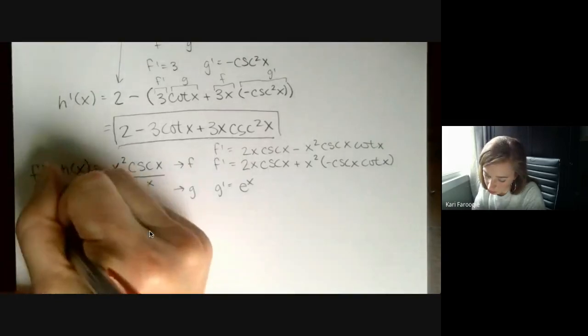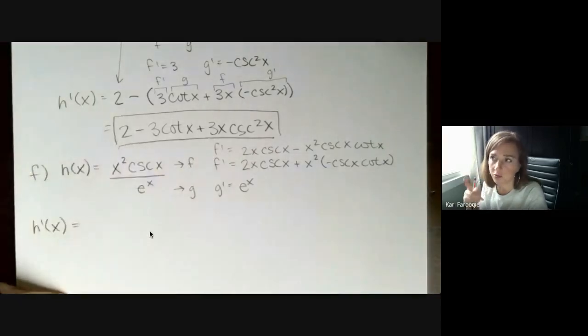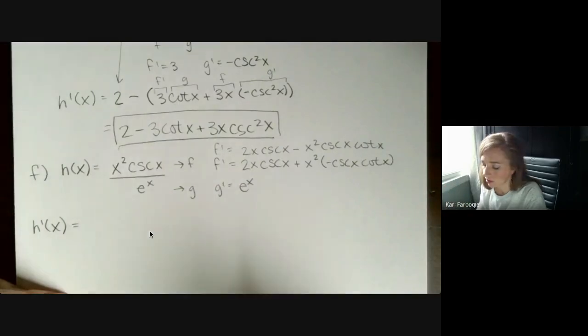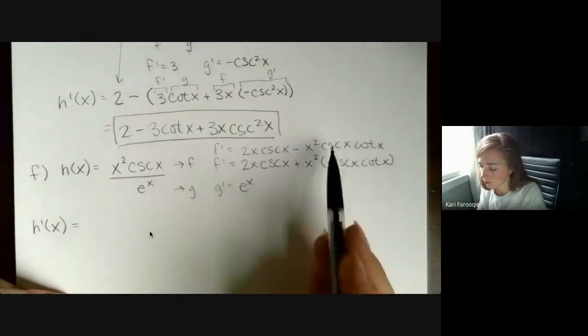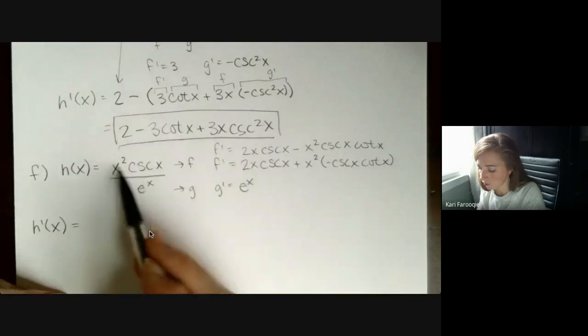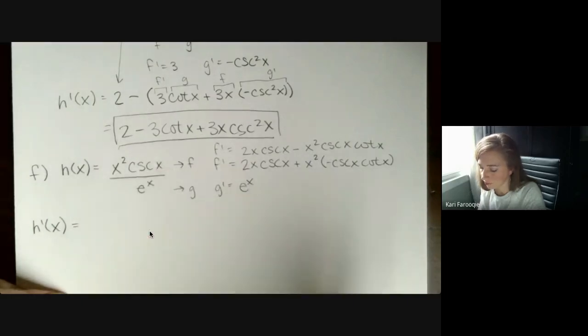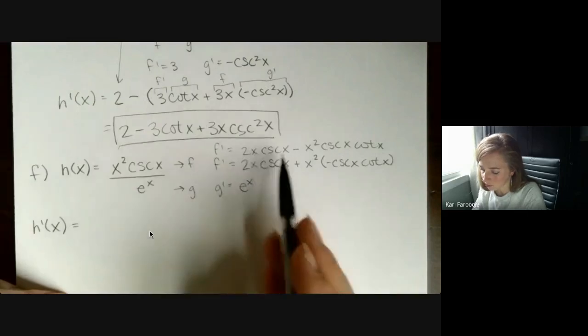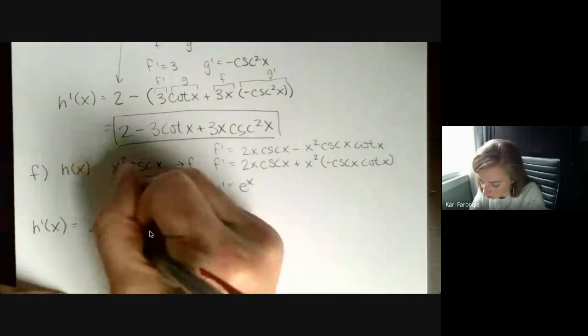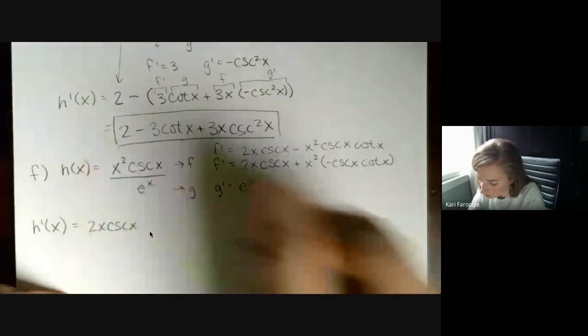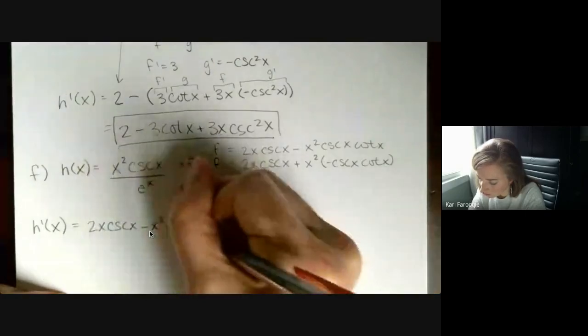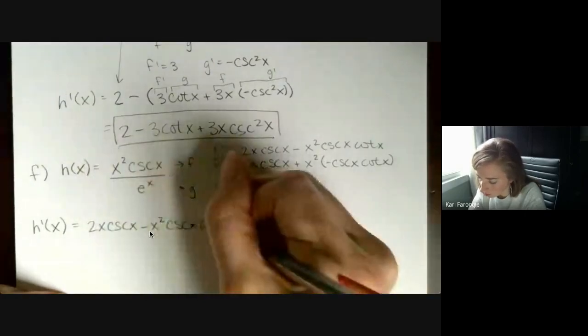So we're going to use the quotient rule now. We're going to take f prime g minus f g prime and divide it by g squared. And here are your components, f prime, g, f, and g prime. So f prime is going to be 2x cosecant x minus x squared cosecant x cotangent x.